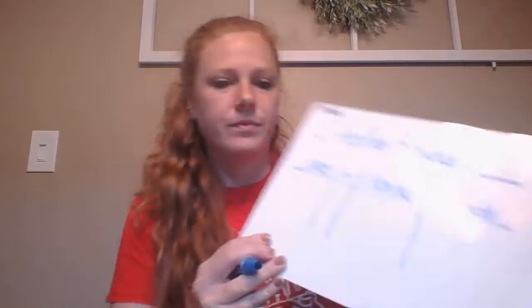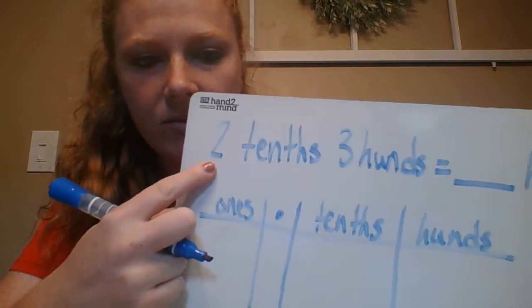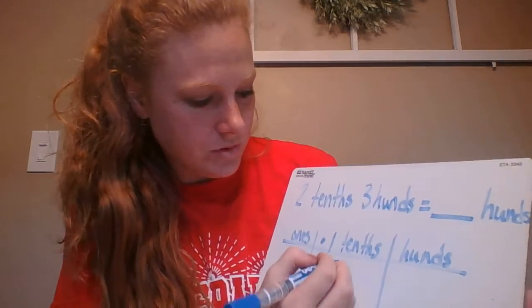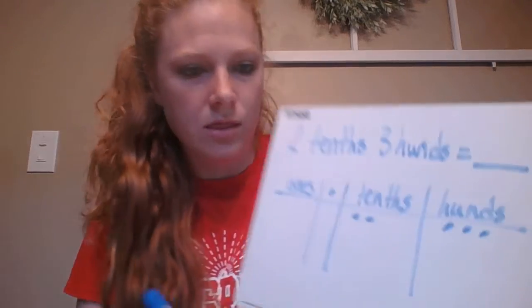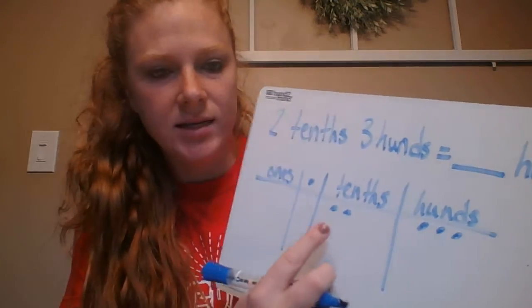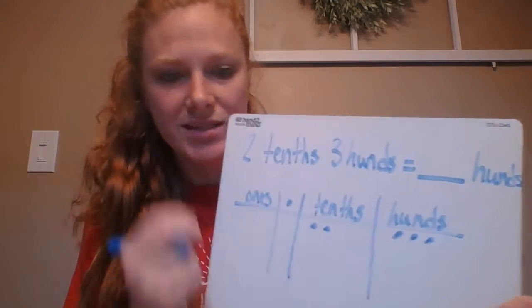Draw my place value chart, my ones, my decimal, my tenths, and my hundredths. All right. So looking at what they gave us, 2/10 and 3/100. Now I need to find out how many hundredths that is total.